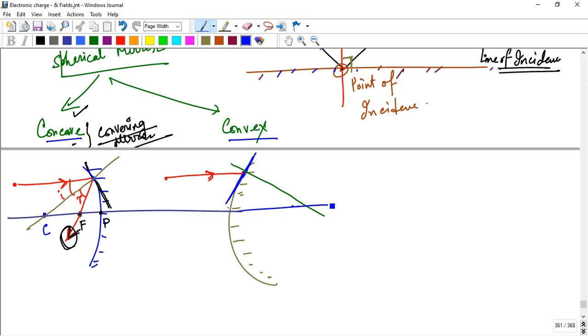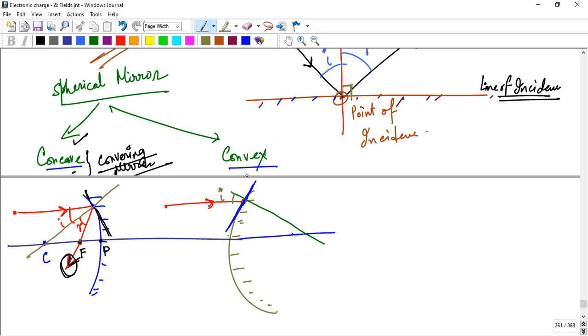This angle is I, and after striking, the reflected ray goes in this direction. This is the reflected ray, that's the incident ray, that's the angle R, and it meets at a point, called the focus. The normal cuts the principal axis at the center of curvature.